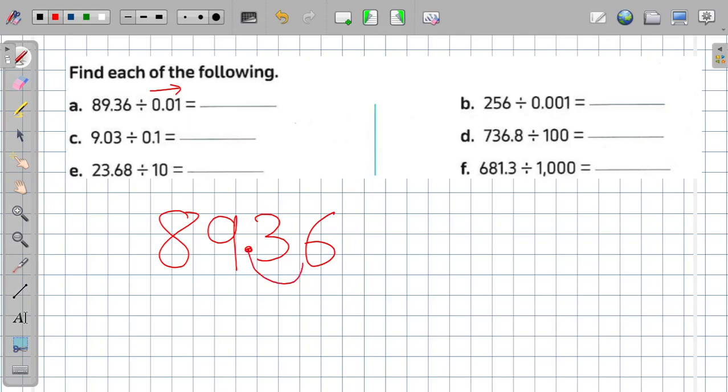So I have 1, 2, and the decimal point will be right here. But I don't have any digits right here, so the decimal point will fall down and disappear. Okay, so I have 8, 9, 3, 6, and the decimal point will be disappeared. Okay, so I have 8,936.